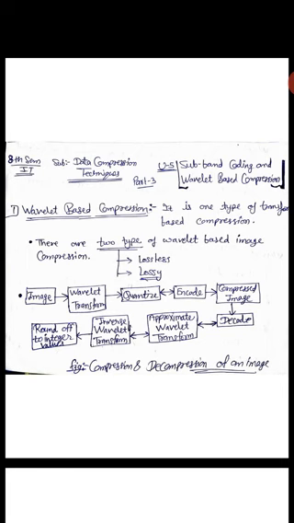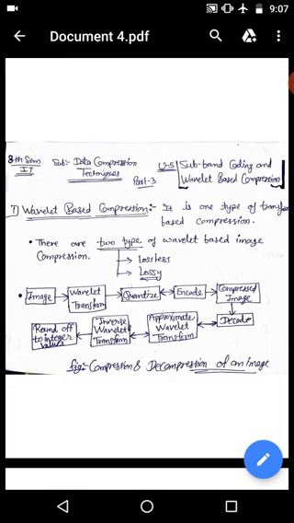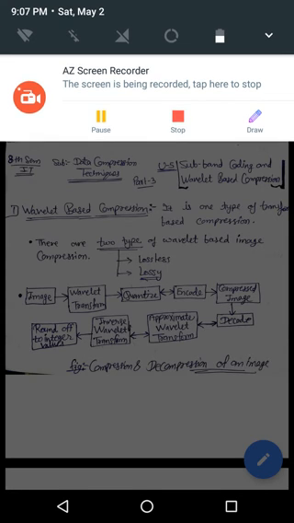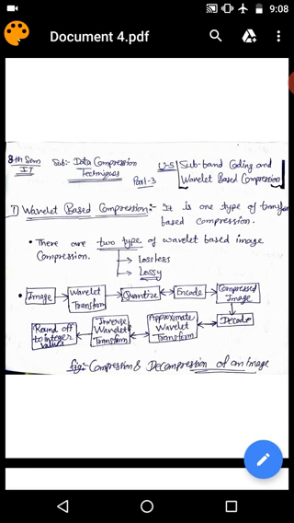For wavelet based compression, a wavelet transform and its inverse are used for transform and inverse transform respectively. There are two types of wavelet based image compression, that is lossless and lossy.